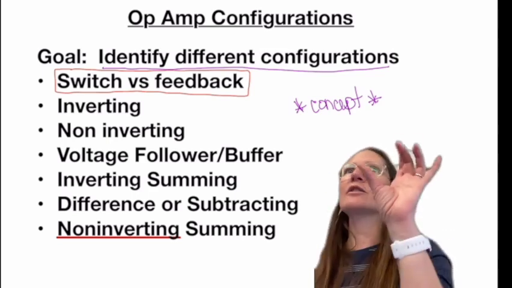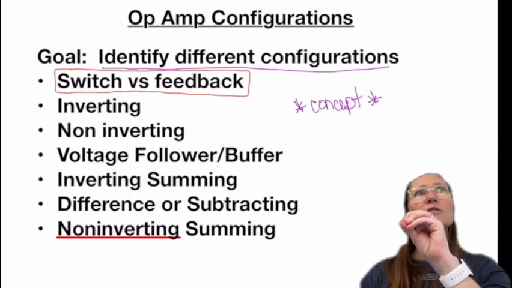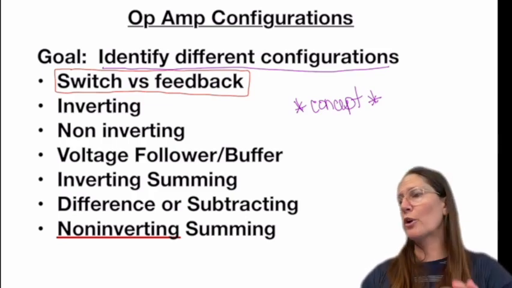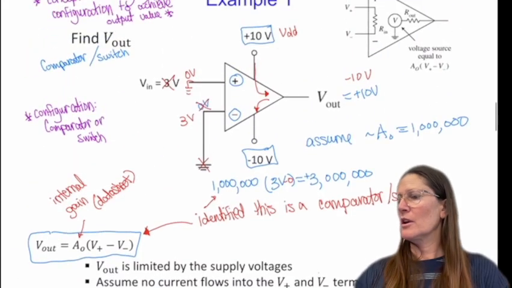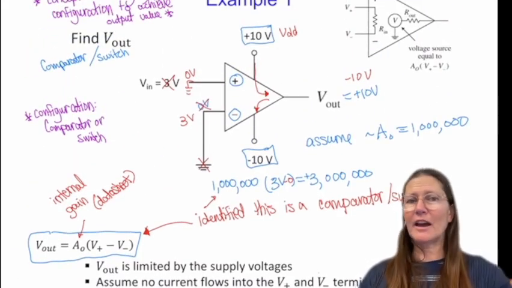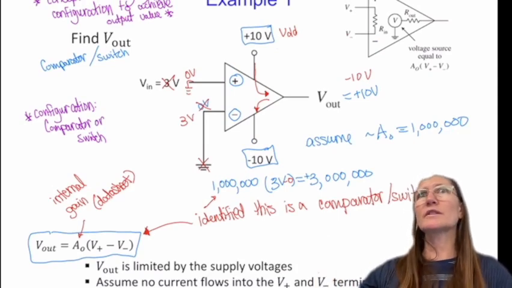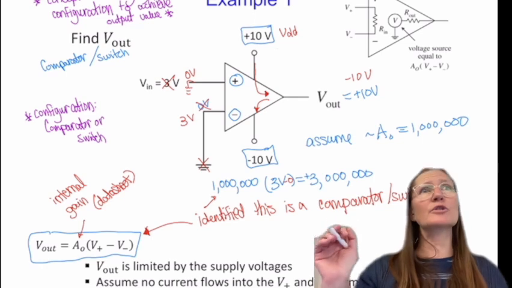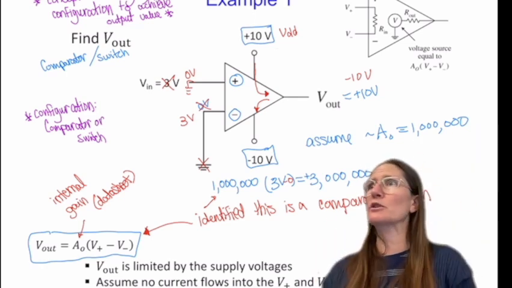As I said, they're slightly different in their characteristics based on how they're connected externally. So a switch comparator looks like this. It has inputs in and just one output. So it doesn't have any connections, which I'll show you in a minute what feedback looks like, and then you can see the difference between the two.